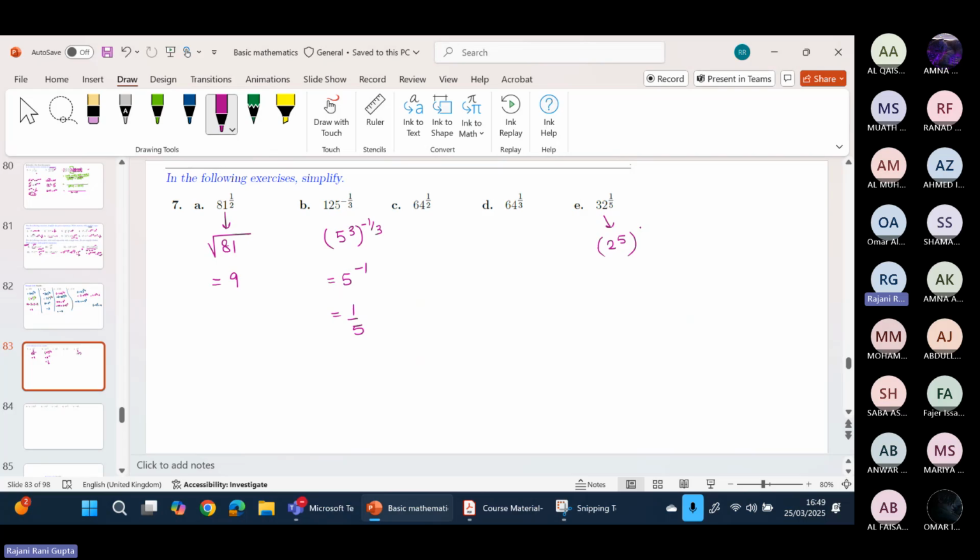It's better if you remember what is 2 power 5, 4 power 3, 3 power 3, like this. It will be useful for you. Like 64 is 4 power 3, so you can take the cube root. 64 is also 8 power 2, so this gives you 8. This gives you 4. See? Same question, different powers give you a different answer.